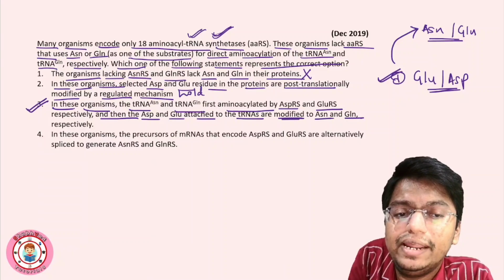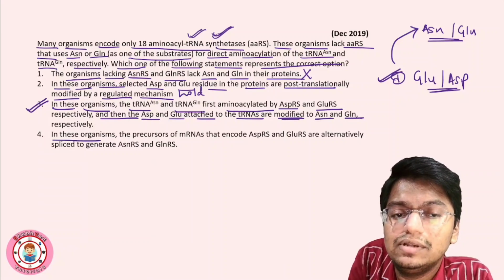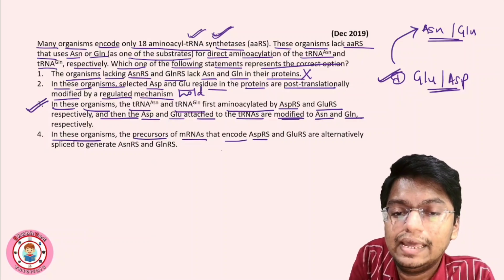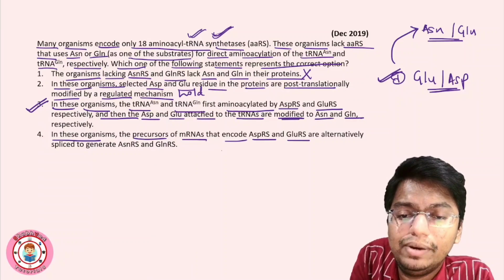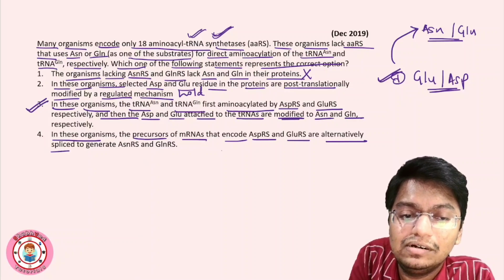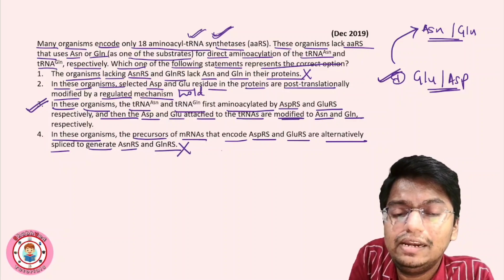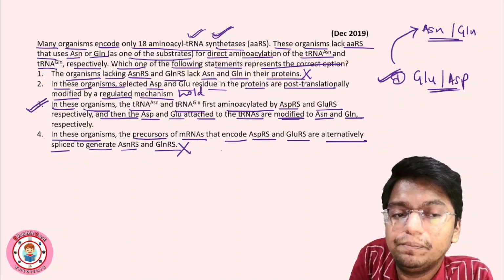The next statement is, in these organisms, the precursors of mRNA that encode aspartate tRNA synthetase and glutamate tRNA synthetase are alternatively spliced to generate asparagine tRNA synthetase and glutamine tRNA synthetase. No, alternative splicing has no role in this.